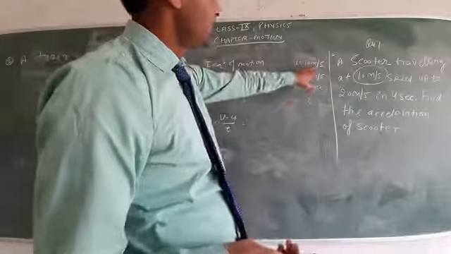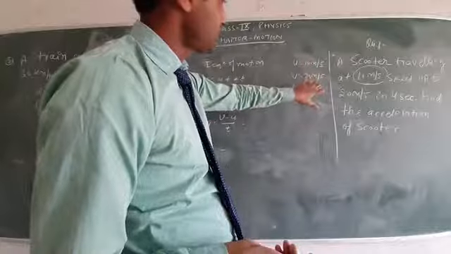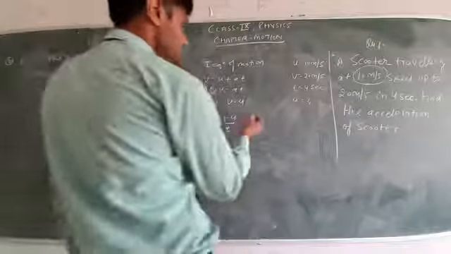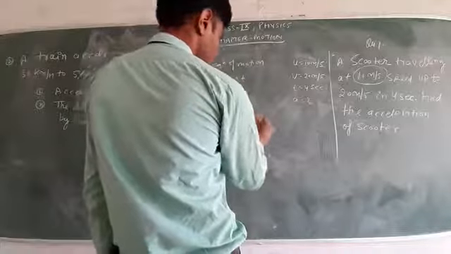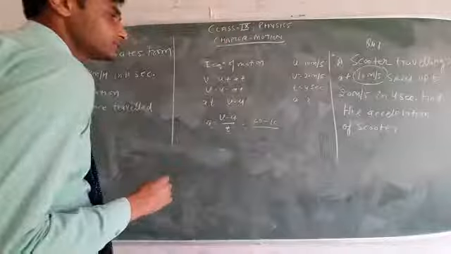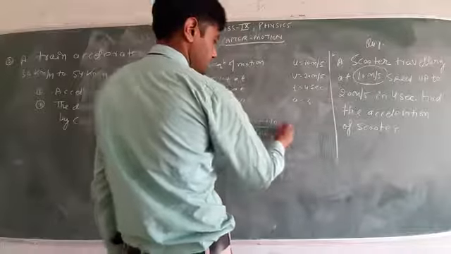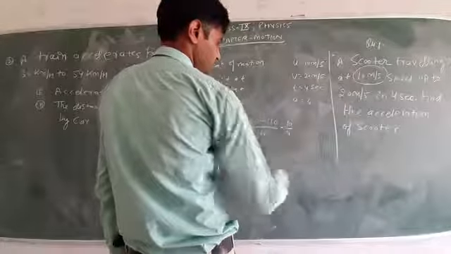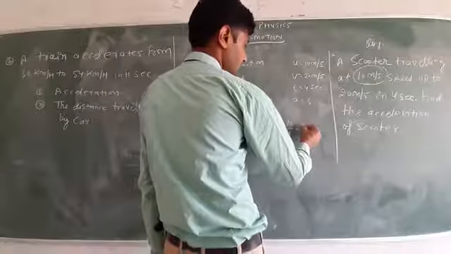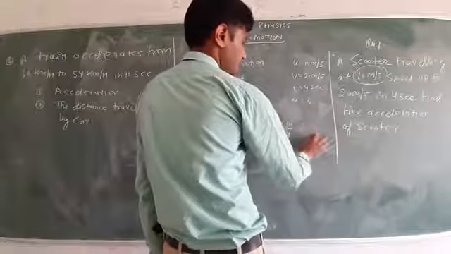This is your initial velocity 10. This is your final velocity 20 and time is 4. So it means v is 20, u is 10 and time is 4. It means 10 upon 4. So you can solve easily. So 5 upon 2.